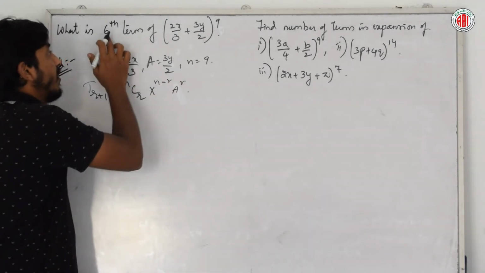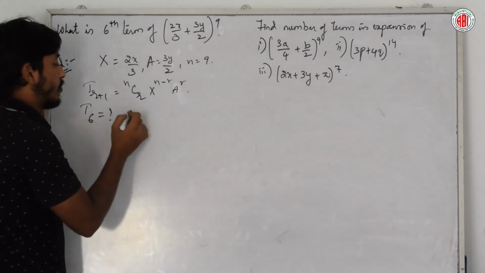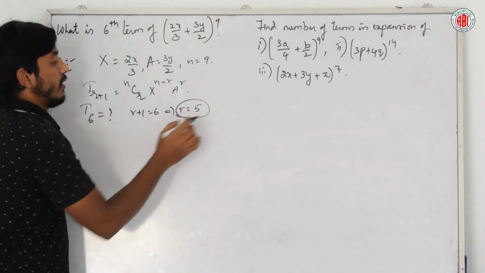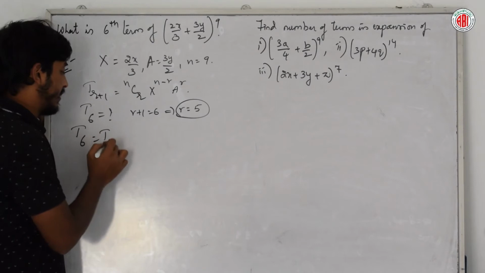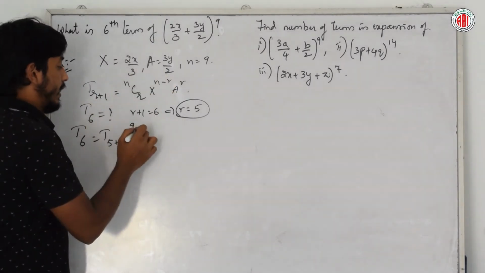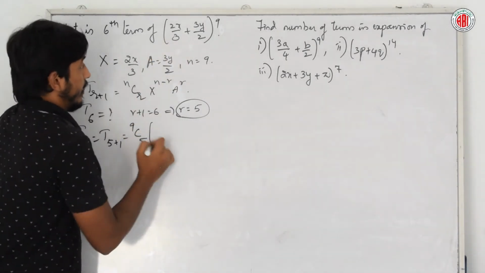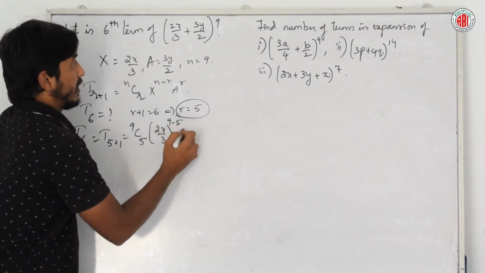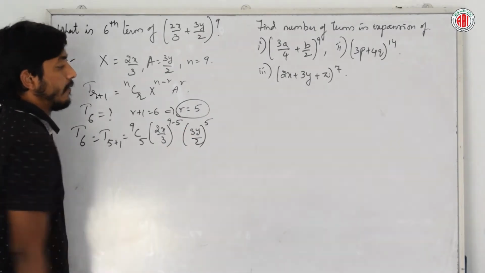Right? Now which term do we want? We want T6. Yes. So we will put r plus 1 is 6. I will substitute r is equal to 5. So in order to find T6, I will write it as T5 plus 1, which is 9C5 (2x by 3) whole power 9 minus 5 into (3y by 2) power r.